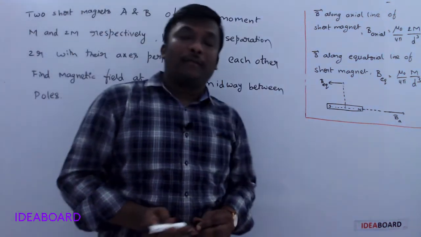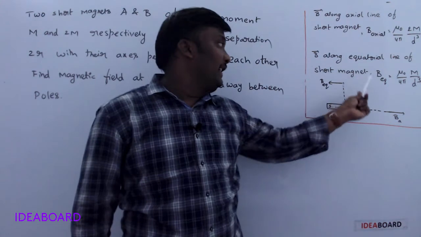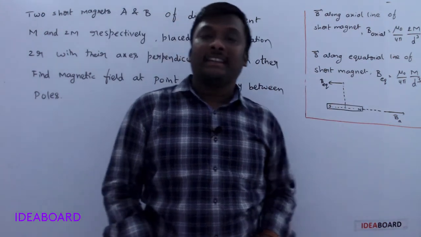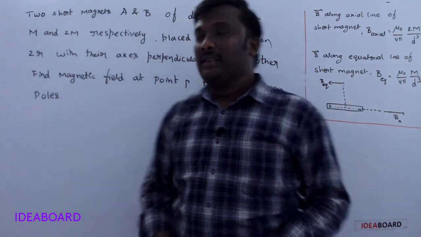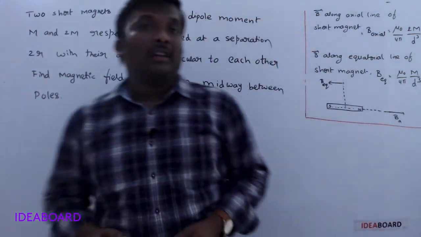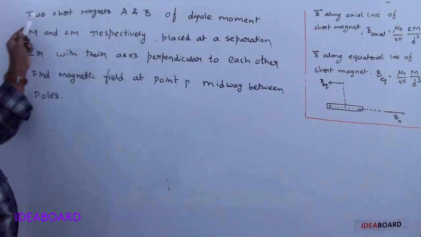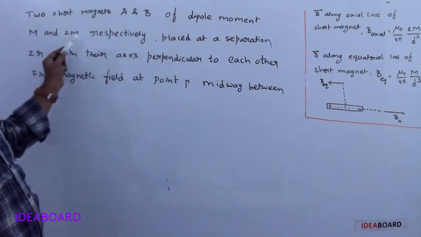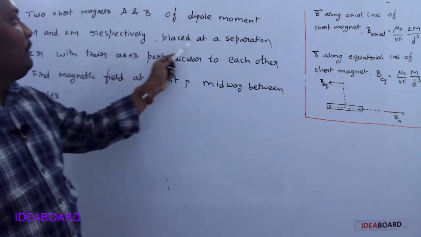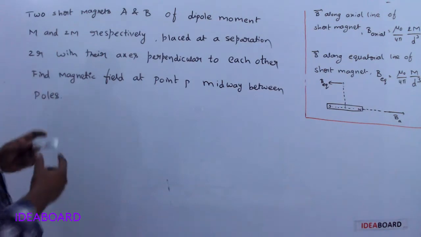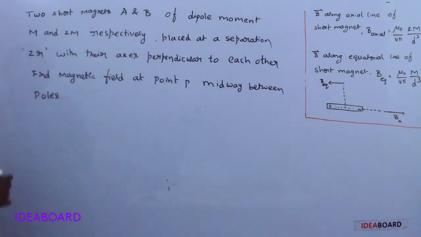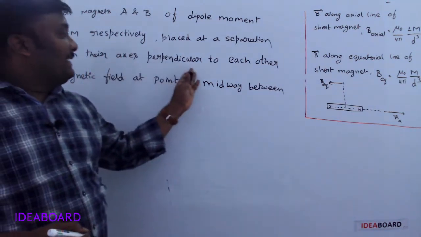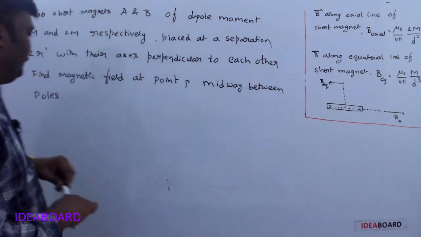Based on the concept of axial line, equatorial line and net value, let us try some numericals. See the first one. They said two short magnets A and B of dipole moments m and 2m respectively are placed at a separation 2r with their axes perpendicular to each other.